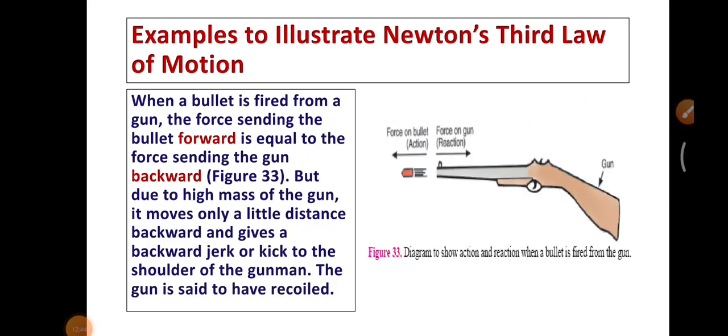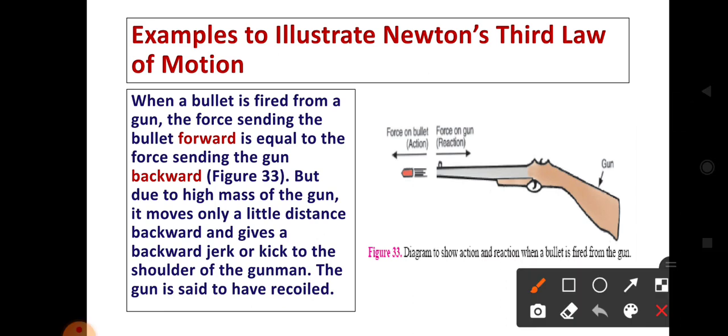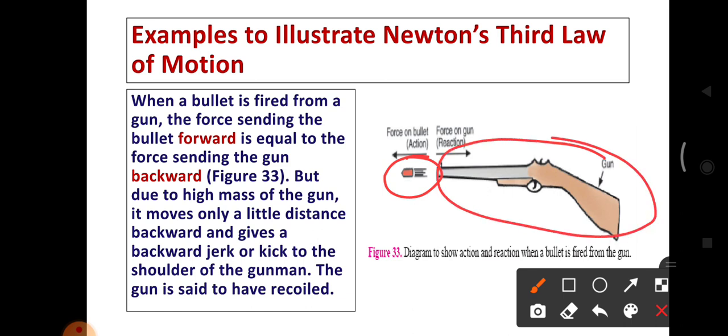The next example, when a bullet is fired from a gun, the force sending the bullet forward is equal to the force sending the gun backward. But due to the high mass of the gun, it moves only a little distance backward and it gives a backward jerk or kick to the shoulder of the gunman.